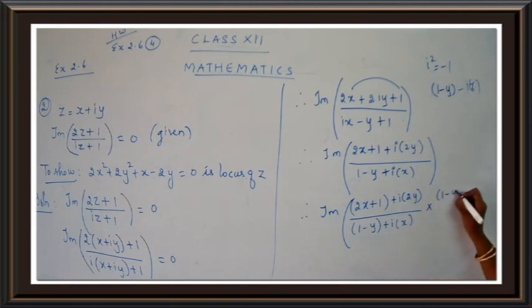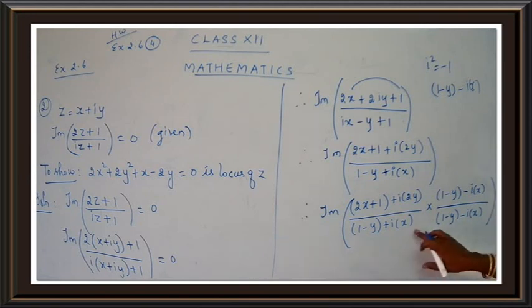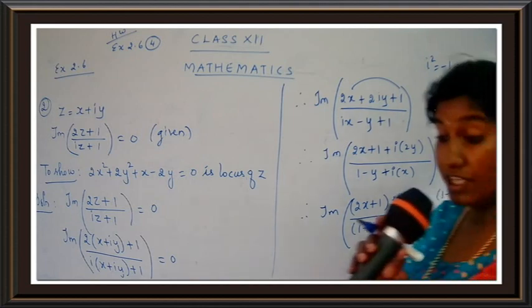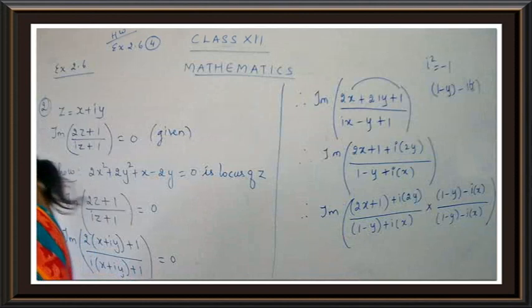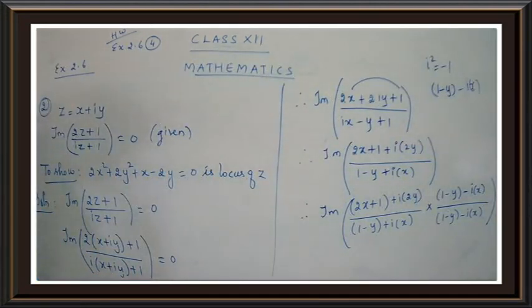That is 1 minus y minus ix upon 1 minus y minus ix. Are you clear? It's a very simple step. Just multiplying by the conjugate. You know the meaning of conjugate? You have to change the sign of the imaginary part. Okay, now let's proceed with the further part.